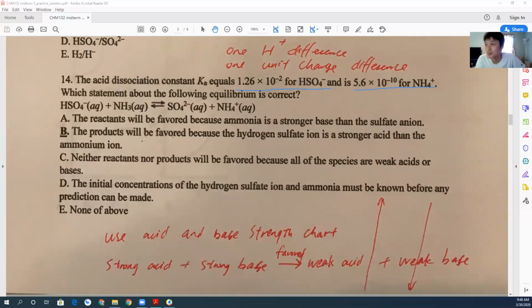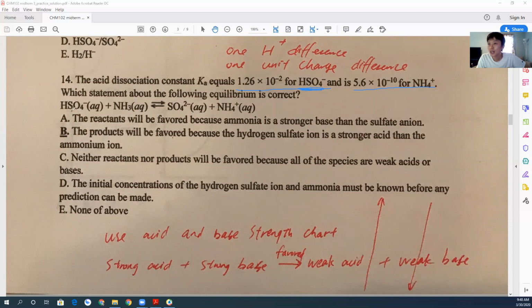The answer is B. The product will be favored because hydrogen sulfate ion, HSO4 minus, is a stronger acid than the ammonium ion. Based on the Ka values, we know this.